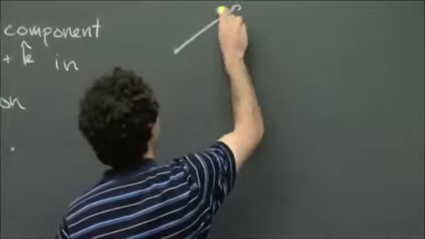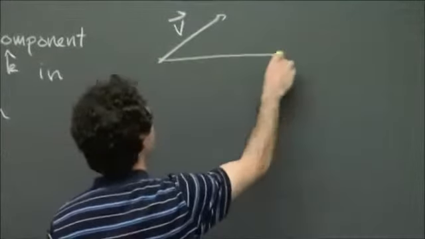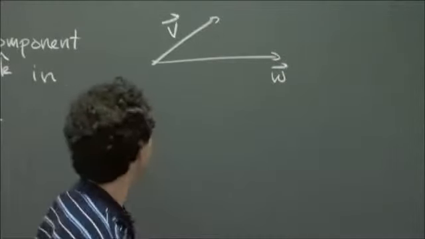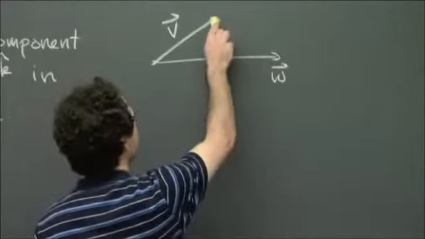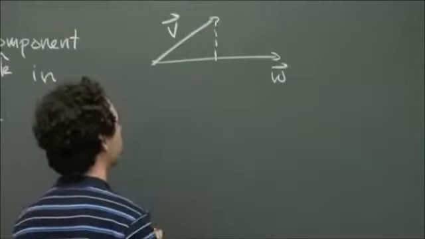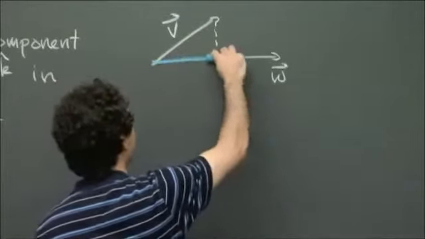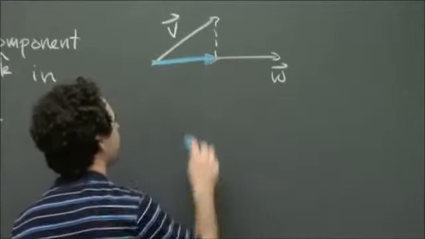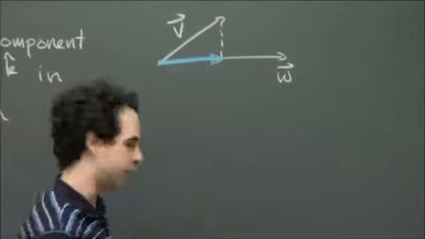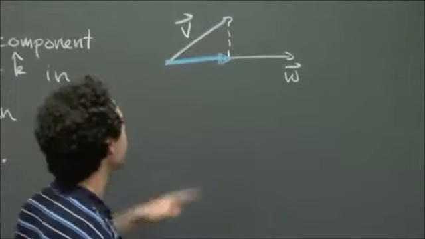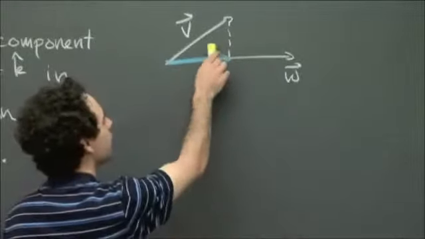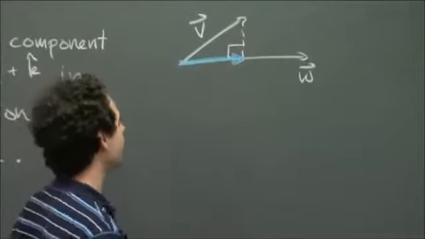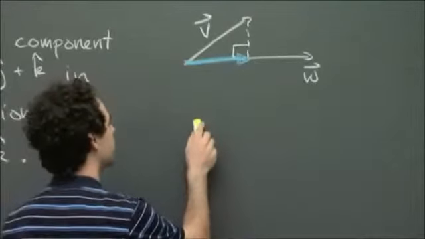If you have a vector v, and you have another vector w, then the projection of v onto w is what you get if you drop a perpendicular line there, and then it's just this vector here. So that's the projection, and then the component is the length of that projection, again with this sign if necessary. Since this is going to be a right triangle, we can see that this vector has length given by the length of v.